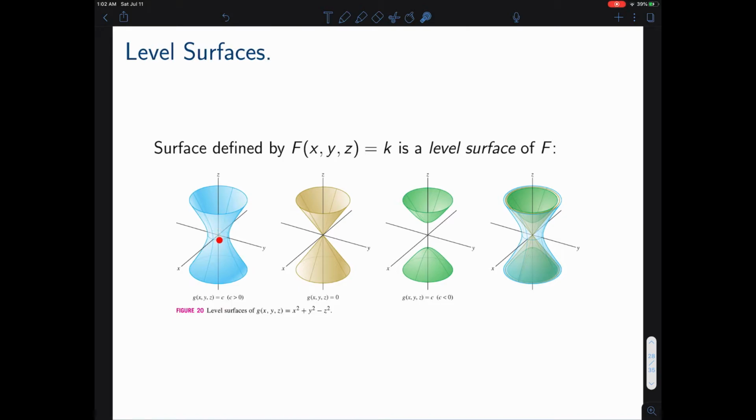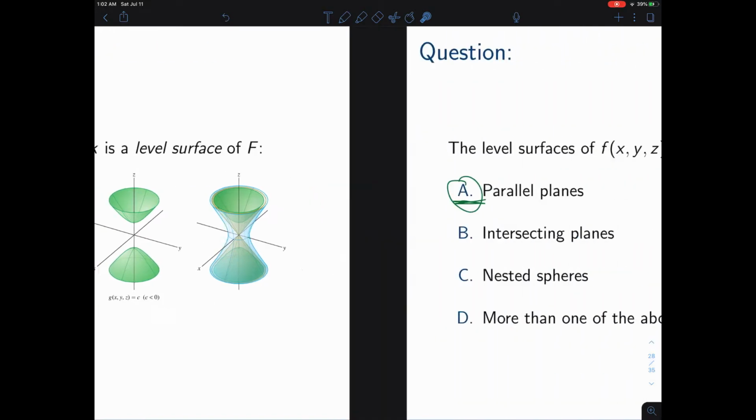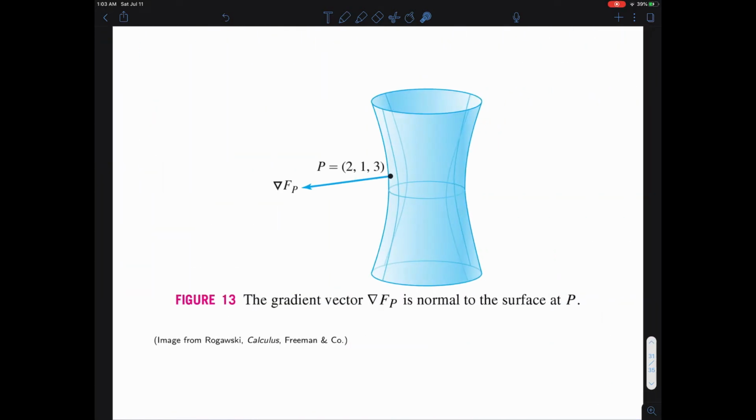This is x squared plus y squared minus z squared equals a positive number. Oh, sorry about that. Anyway, this is a level surface of that function, and at that point the tangent plane just touches at that point.